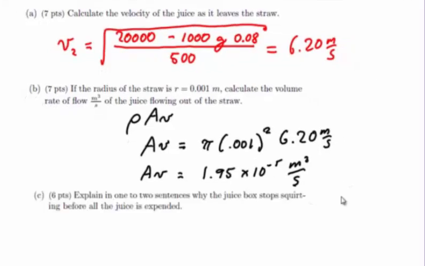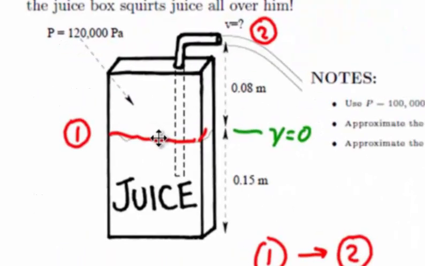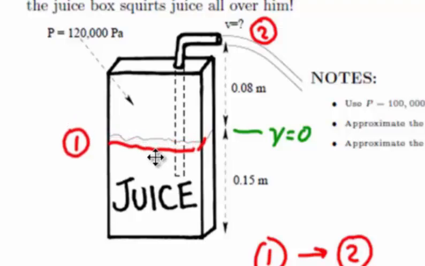Finally, we've been asked to explain in 1 or 2 sentences why the juice box stops squirting before all the juice is expended. The answer to this question is found in the figure. As the juice drains through the straw, the level of the juice will continually go down.